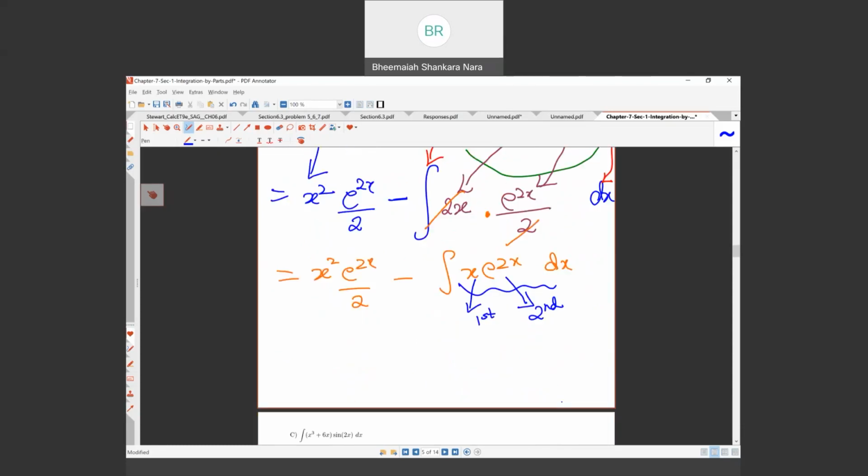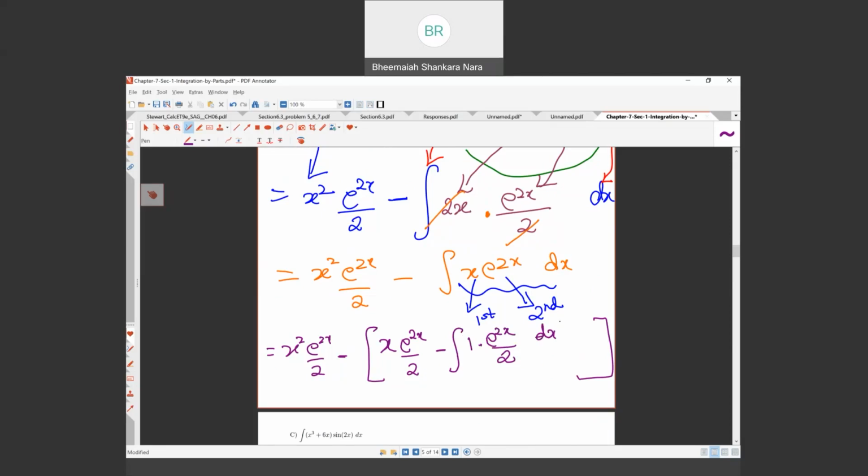So let's do that. X square e to the 2x divided by 2 minus, open a big square bracket. This is for the second term simplification. First term is x. Integrate the second function, e to the 2x divided by 2 minus integral of, differentiate the first function 1, integrate the second function e to the 2x divided by 2, and then a dx.